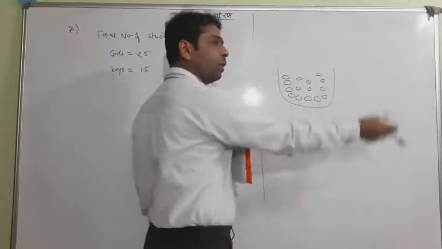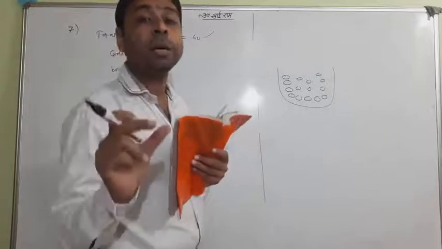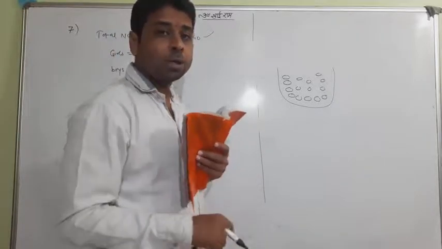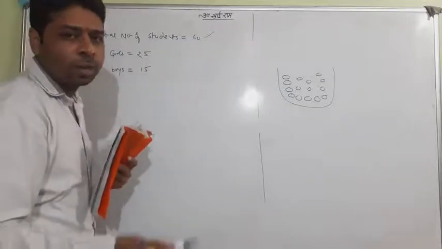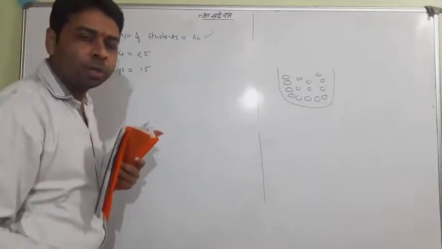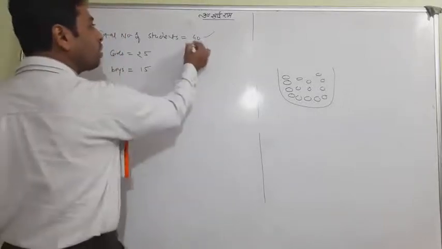One card is drawn. What is the probability that the name on the card is a boy's name? So definitely we have favorable cases 15 and total cases 40. So your answer is very general and common. Verbally you can give the answer 15 by 40, because total students are 40.